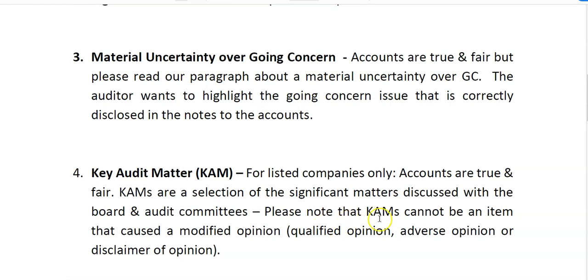So that's why it says here, key audit matters cannot be an item that cause a modified opinion, which is where there's a qualification, adverse, or disclaimer. So it's just the risky items in the accounts that we've looked at a lot as auditors, and they're accounted for correctly. So it's just letting the readers know what were the big issues for the auditors.